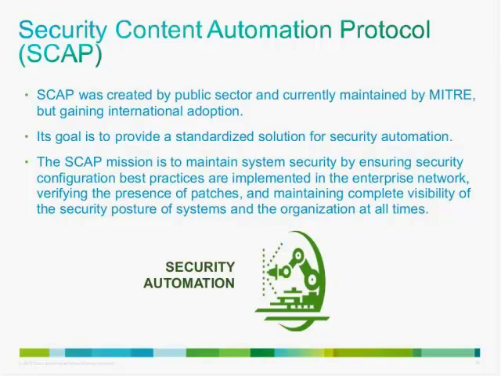The main goal was to provide a standard solution for security automation as a whole, by ensuring that we implement and verify configuration best practices within our networks, but also verify the presence of patches and, at the end of the day, maintain complete visibility of the security posture of the systems within the organization.